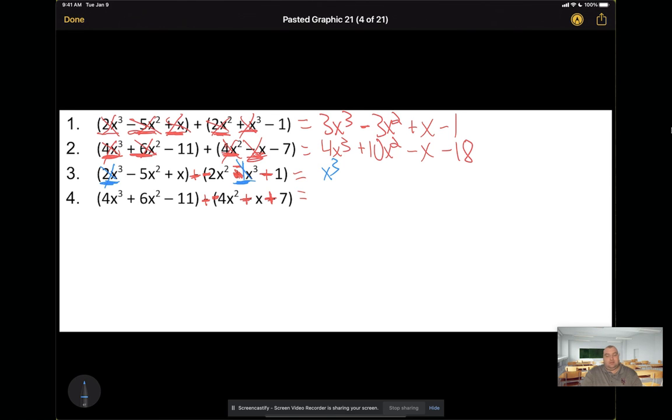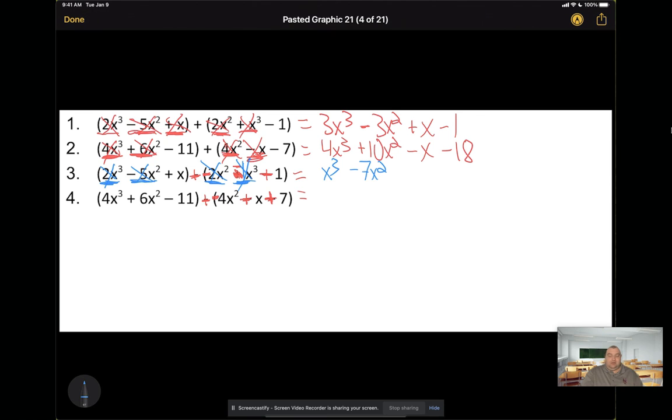So we'll cross those out. For x squared, I have a negative 5x squared and a negative 2x squared. So negative 5 and negative 2 combine to a negative 7x squared. So that's that one.